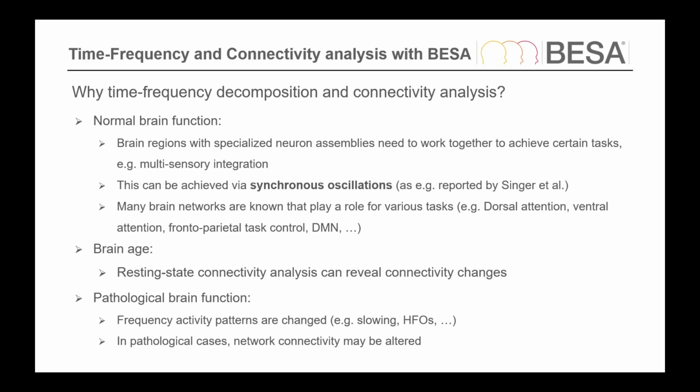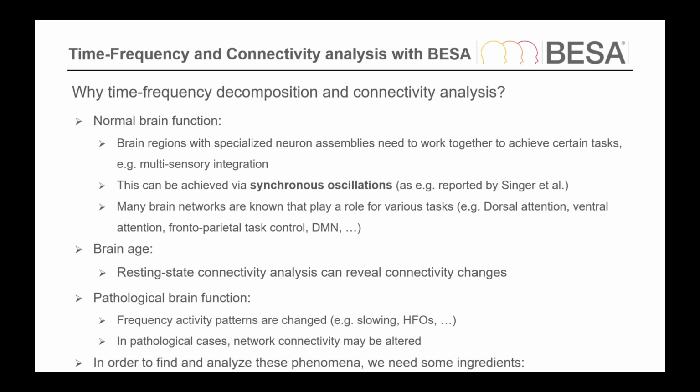So typically frequency rhythms are slowing down with age. In other pathological situations like epilepsy, we can look for high frequency oscillations, etc. So all these are to do with rhythms and oscillations. And in pathological cases, network connectivity may be altered.